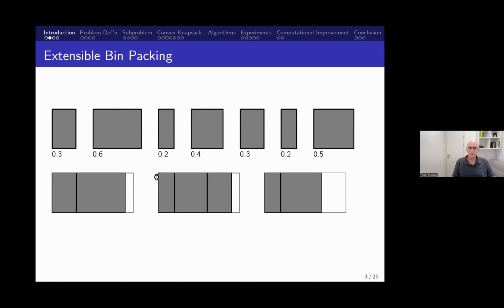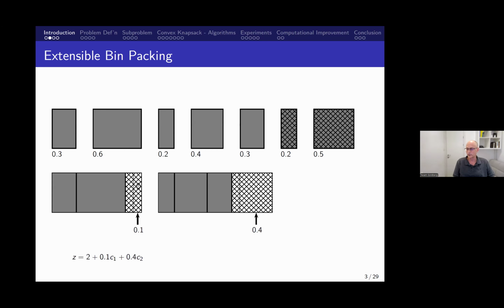And the extensible version of the problem allows us to somewhat exceed this capacity. So if we consider the extensible version, in this version, we would pack, say, the last 2 items. We managed to just fill over the top the first 2 bins.